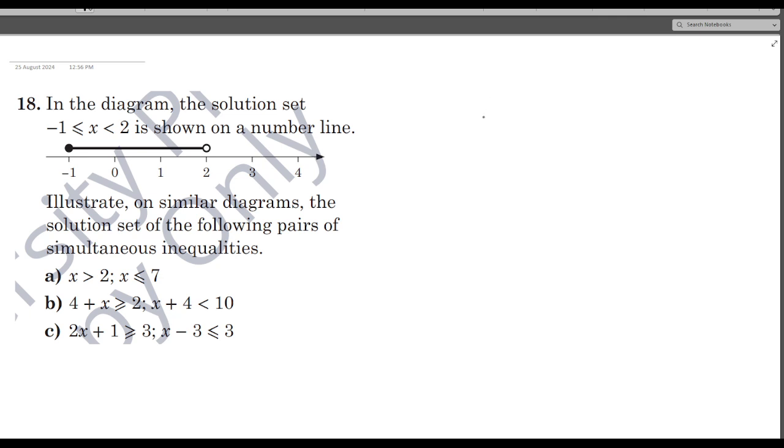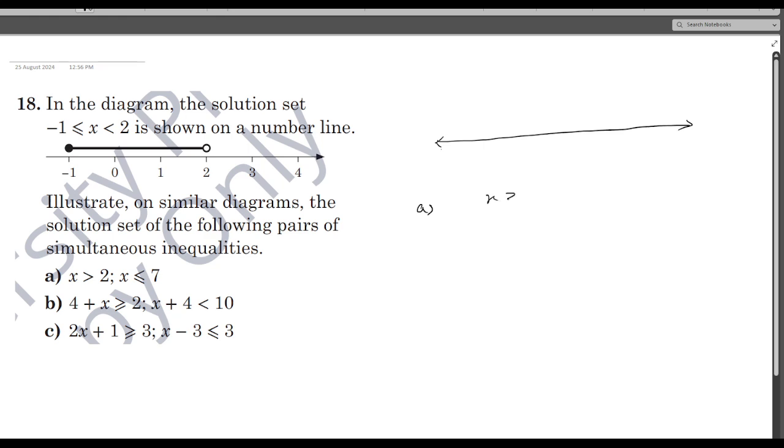So solution set. Okay, so let me draw the number line. Now you can do one thing here. One part is given, x is greater than 2, and the second part is given, x less than or equal to 7. So if I club, I will say that x is greater than 2, less than or equal to 7. So suppose here we have 2 and here we have 7.